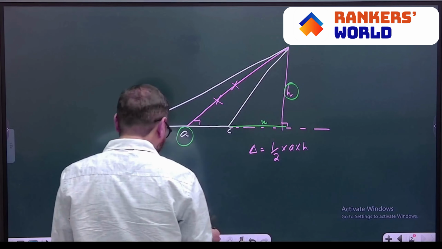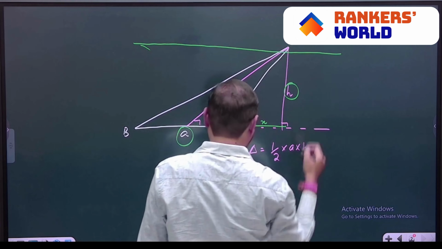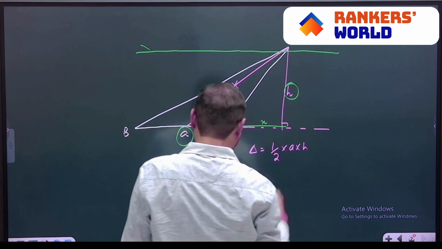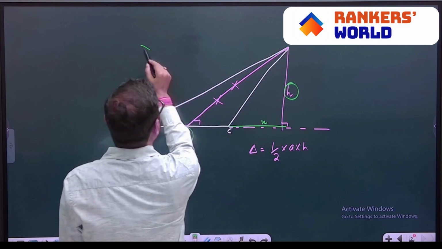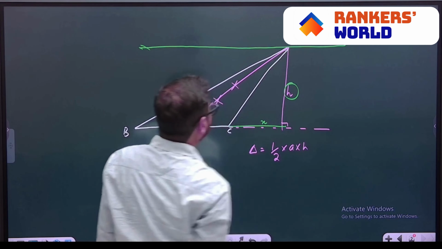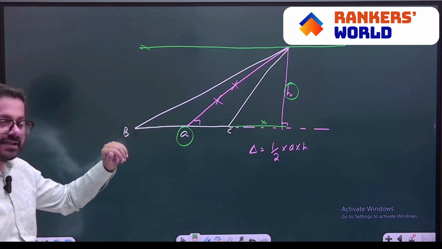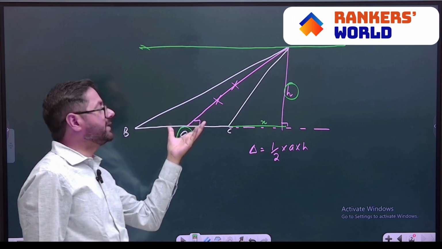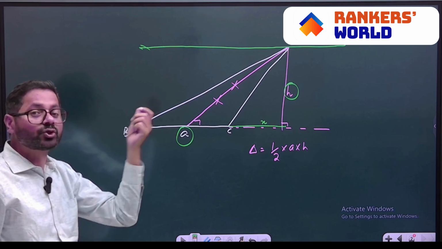If you just experiment with this, if I draw a parallel line to this, passing through, say, the altitude. So I have a base BC. Now I am drawing a parallel line to BC which is passing through the top vertex.